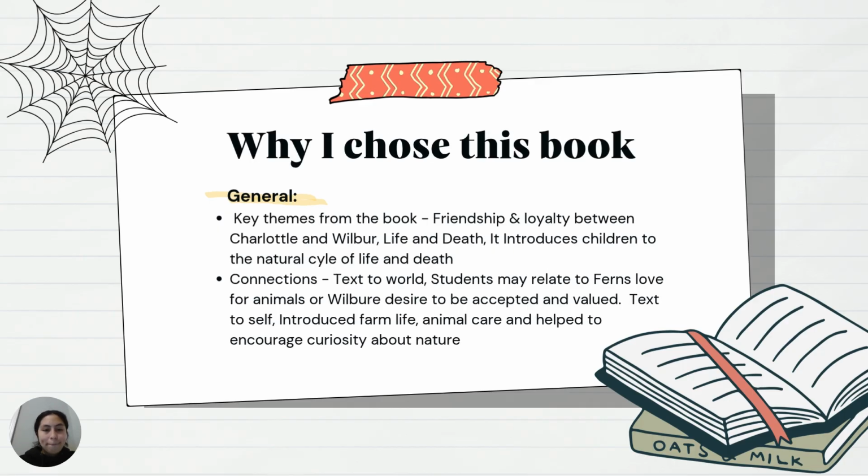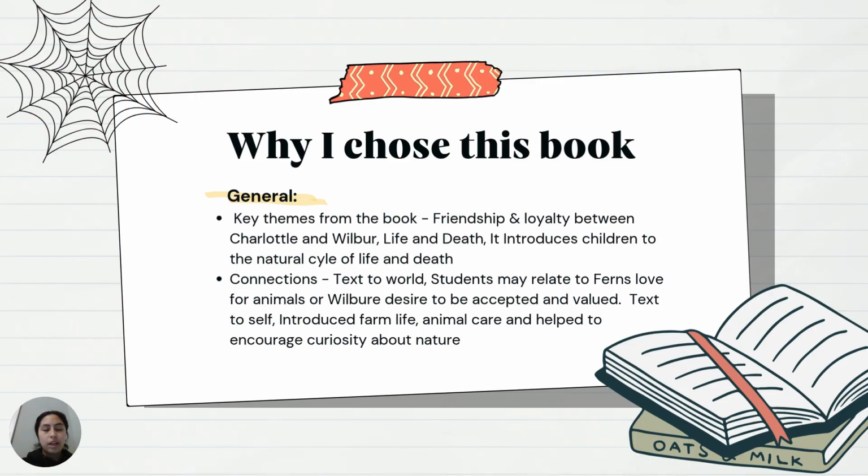So why I chose this book? A general reason is the themes, such as friendship and loyalty between the two characters, Charlotte and Wilbur. It also introduces children to the natural cycle of life and death.